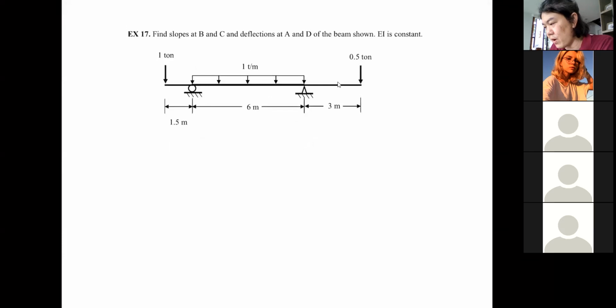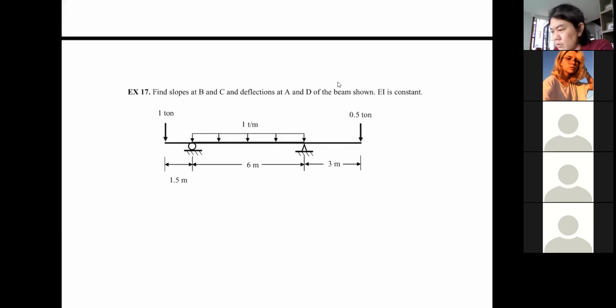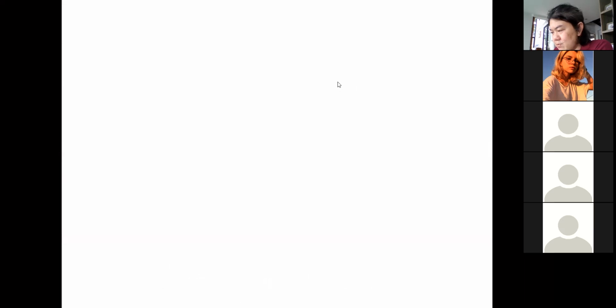For example, this problem would show you how you can manage the range of the problem. Okay, let's say I may have gone too quickly with this one.